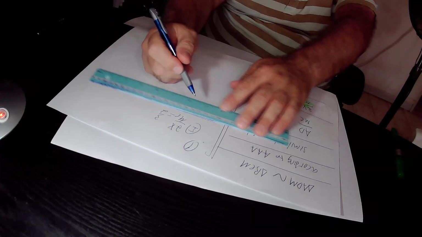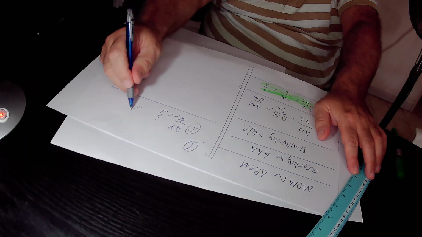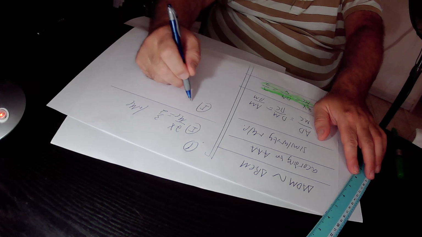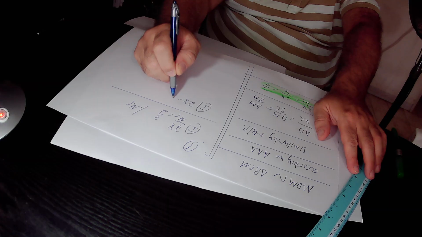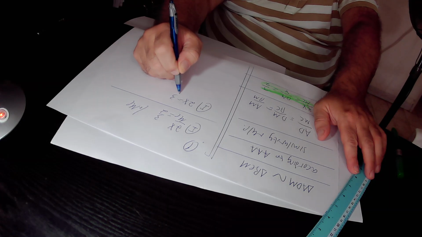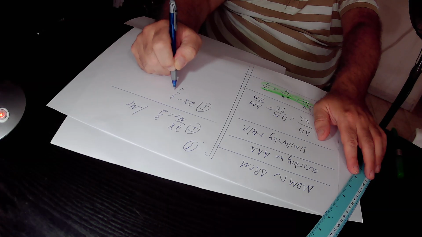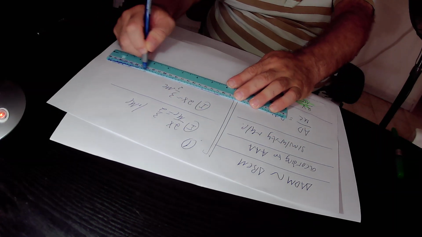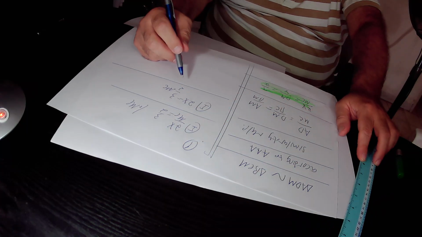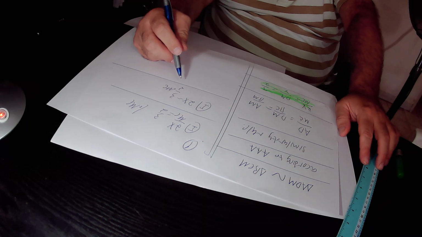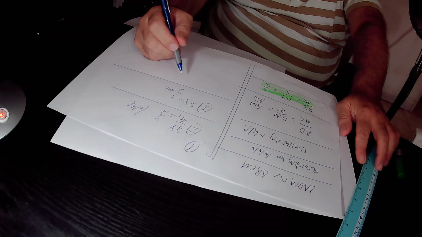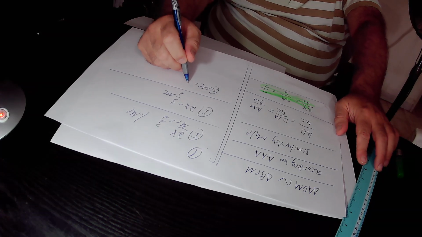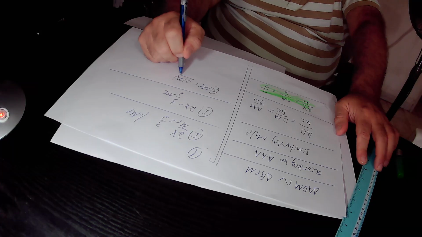Here we multiply equation 1 by MC, and we get that 2x equals 3/2 times MC. Then we multiply equation 1 by 2 and divide it by 3 simultaneously, and we get that MC equals 2 times 2x over 3.